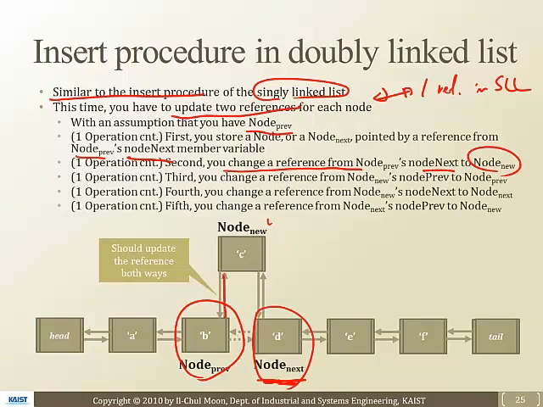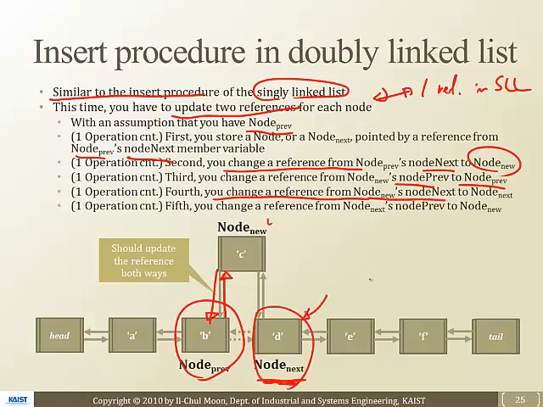So you add this pointer here. Third, you change the reference from node new's prev to the node pref, so you update this reference. Fourth, you change the reference from node new's next to the node next.